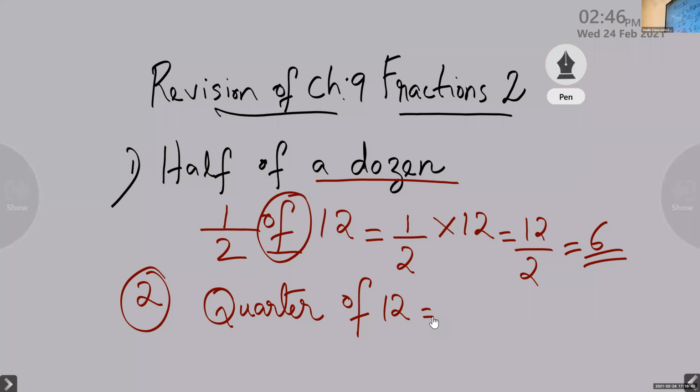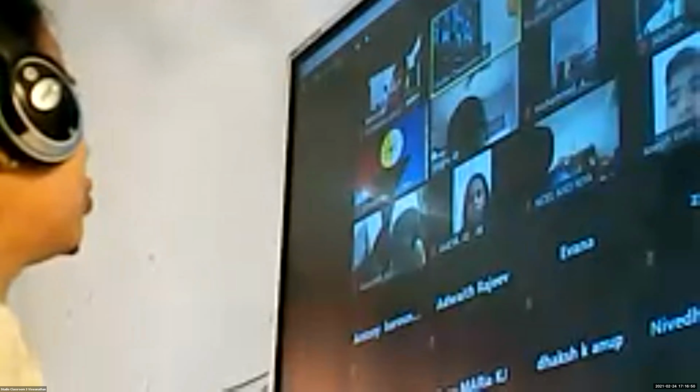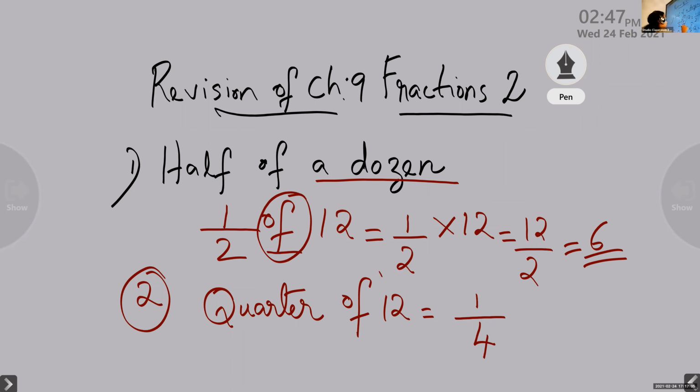Quarter, we learned last year, is 1/4. So quarter of 12 means 1 by 4, and instead of "of" we will multiply by 12.